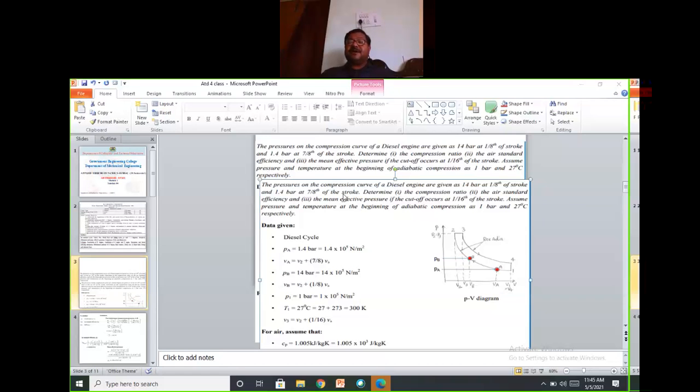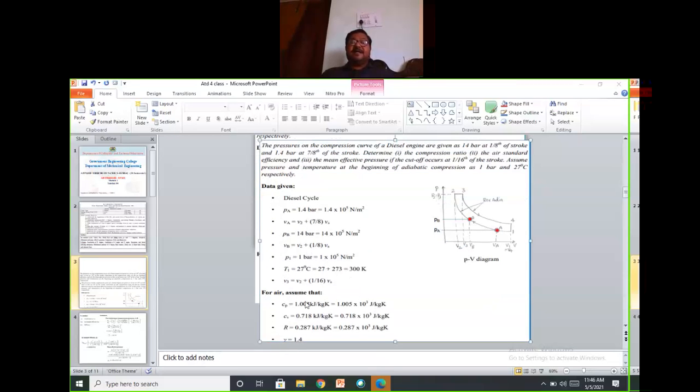Determine the compression ratio r_c, air standard efficiency, and mean effective pressure if the cutoff occurs at 1/16 of the stroke. Here point 3 is 1/16 of Vs, where the stroke volume is Vs. Assume the air properties Cp, R, and gamma.